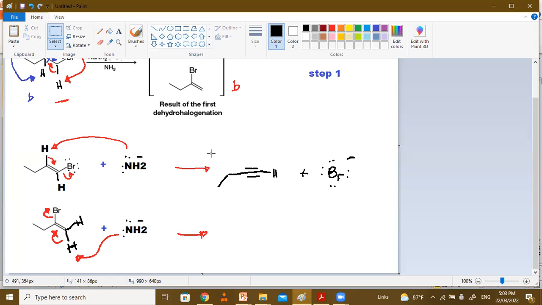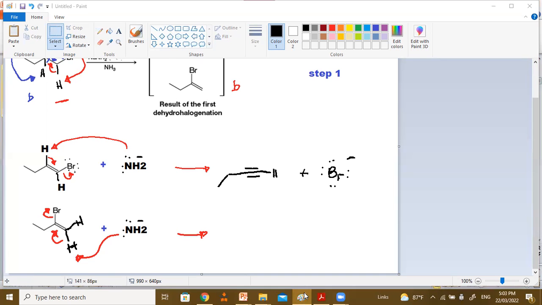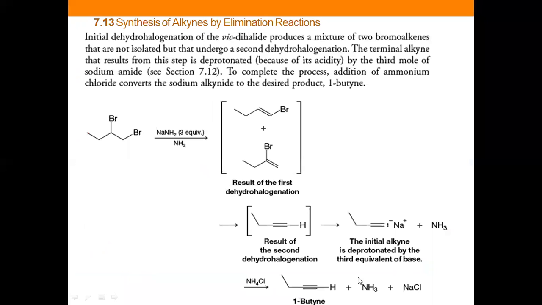Anyway, all of this will lead to the same product there. So once you have your product, and then you have this, you can proceed with the base, the amide.